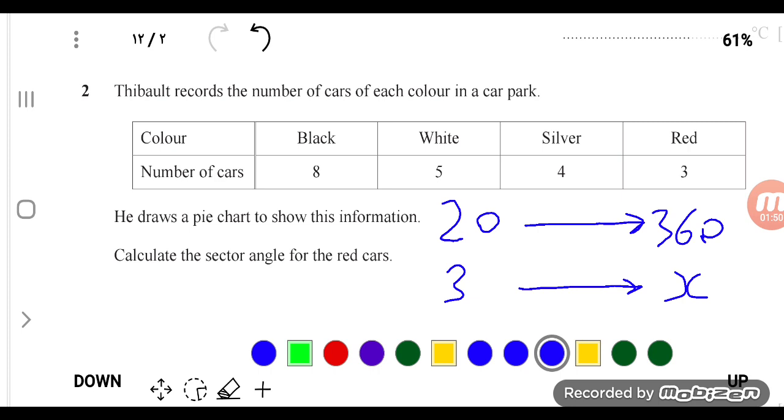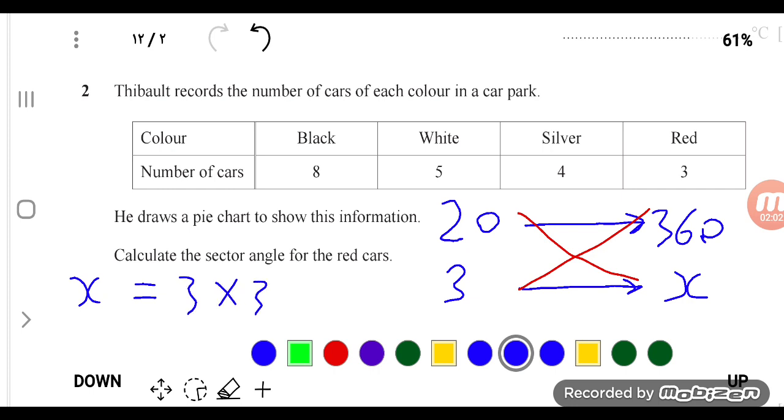Then we cross multiply like this. If you cross multiply, you get x equal to 3 times 360 divided by 20.